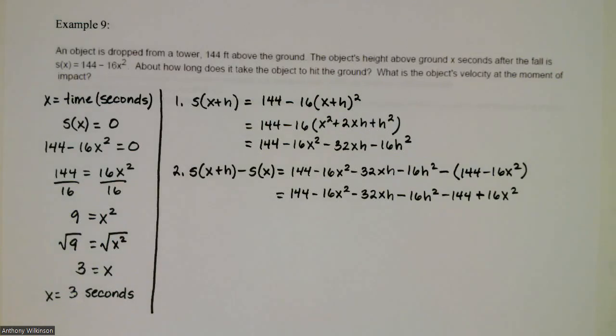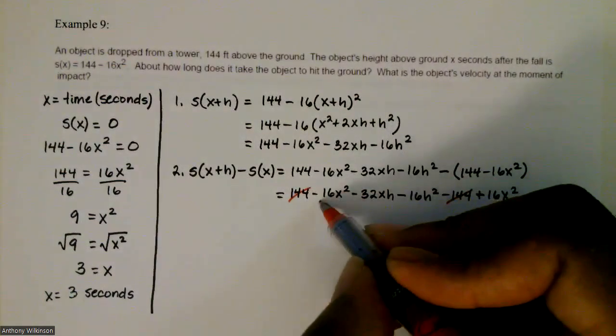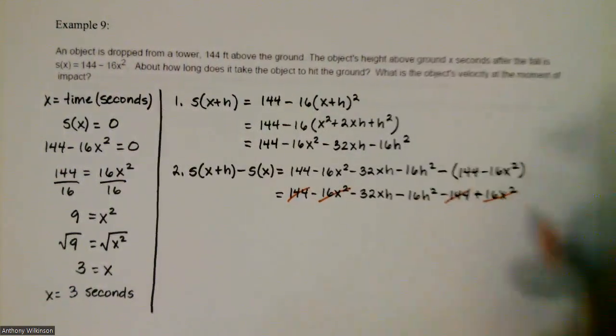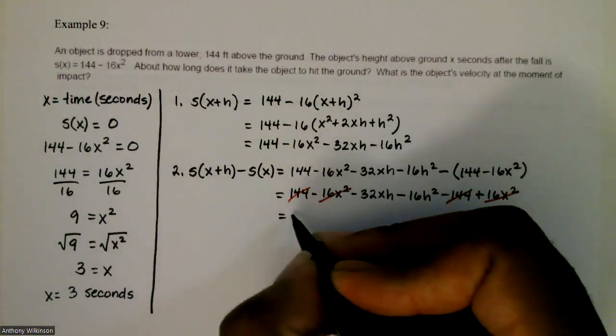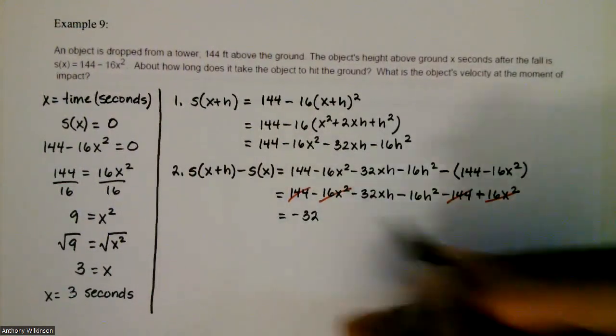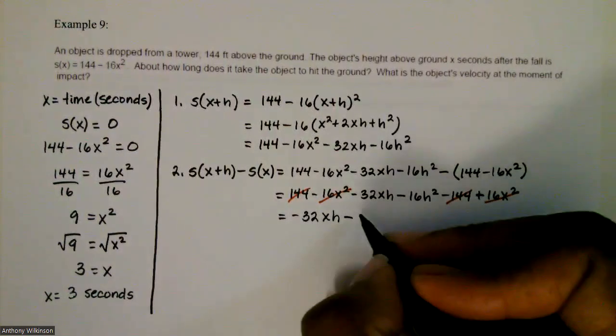So in this case, 144 minus 144, that's gone. Minus 16x squared plus 16x squared, that's gone. You're just left with terms that only have the h in them. So I'll have negative 32xh minus 16h squared.